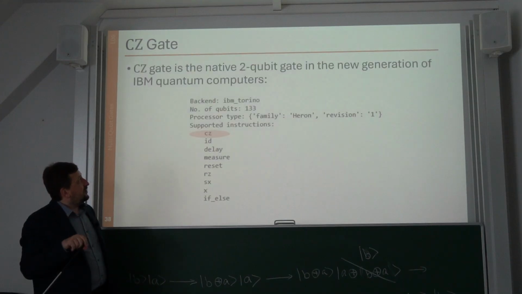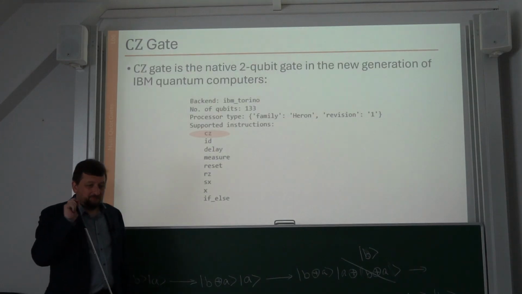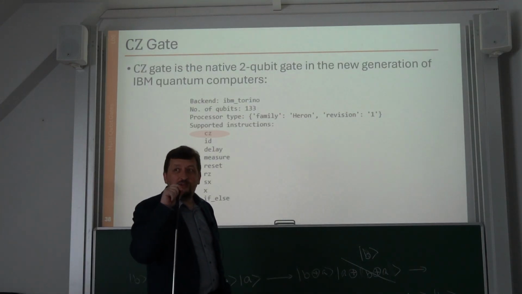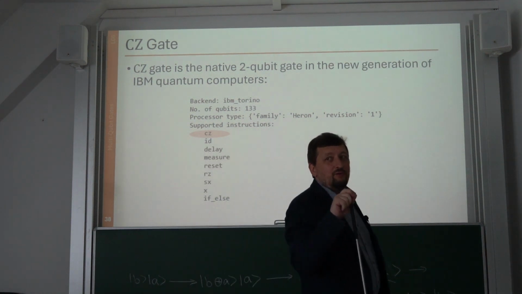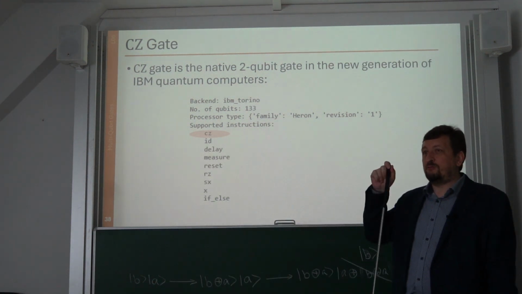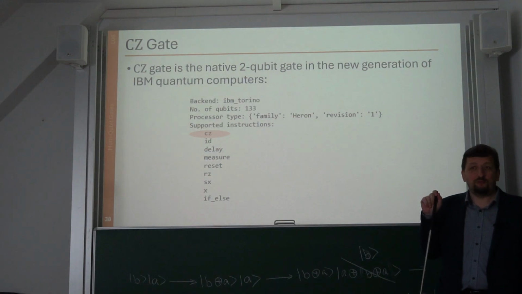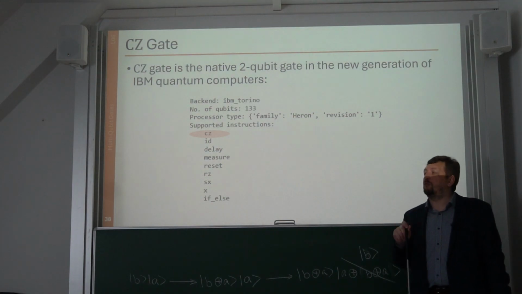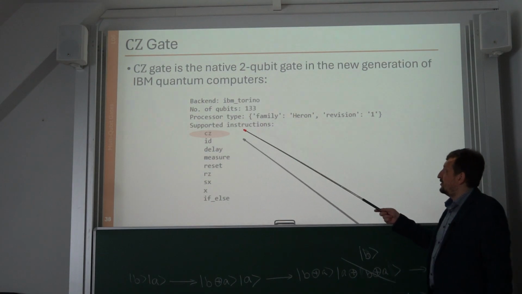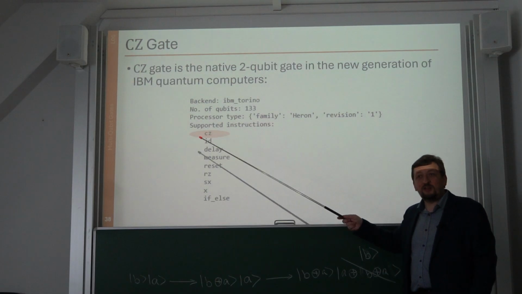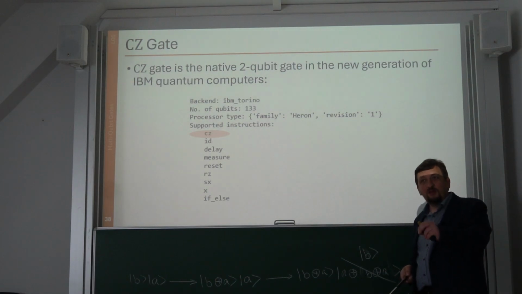So this CZ gate is the only 2-qubit gate which is implemented on hardware level with modern IBM quantum computers. So these quantum computers on which you do your homework support this control Z gate as a native operation.